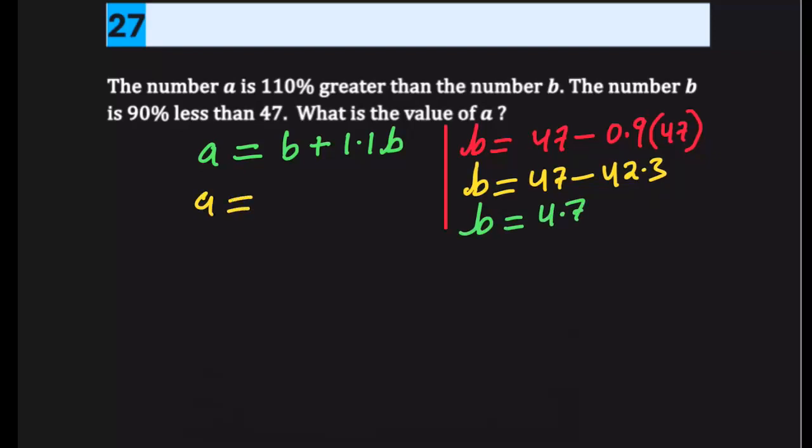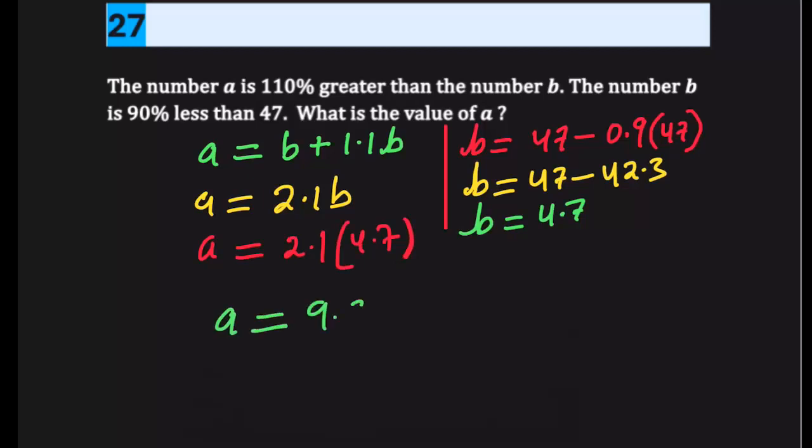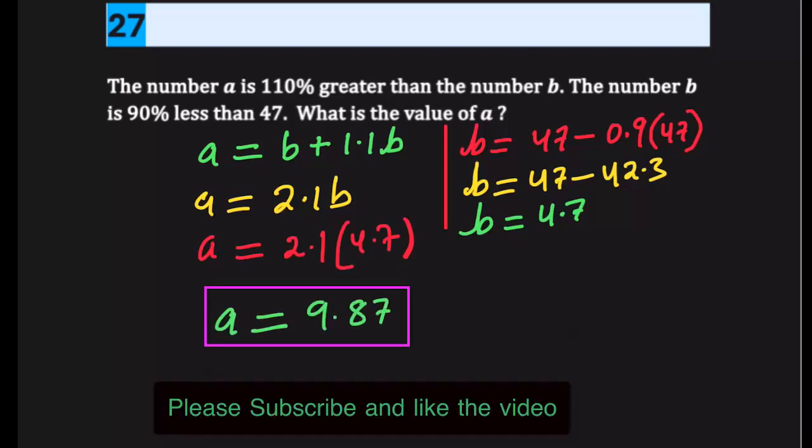So A is equal to B plus 1.1B, that's going to be 2.1B, and the value of B is 4.7. So A is equal to 2.1 times 4.7, and A is equal to 9.87. And that's the value of A.